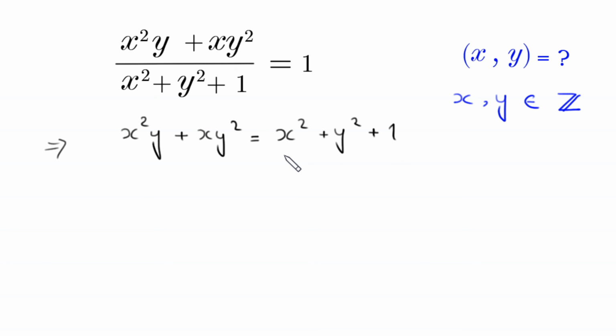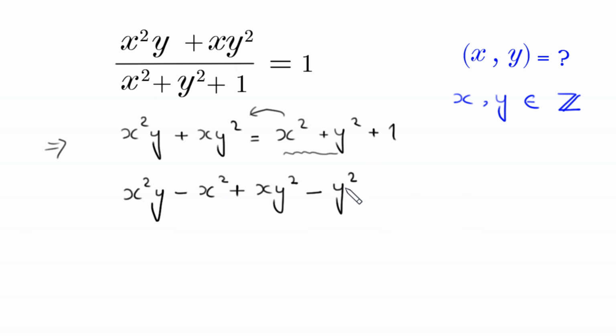Now we move these two terms to the left hand side. Then this will become x squared y, this positive x squared will become negative x squared at left hand side, plus xy squared, and this positive y squared will become negative y squared at left hand side, is equal to 1.